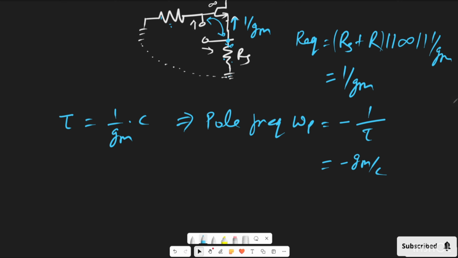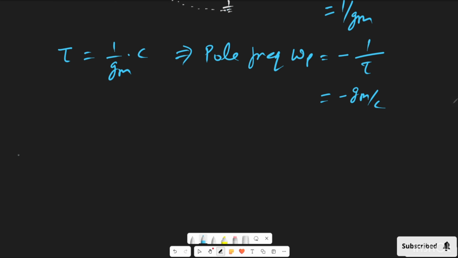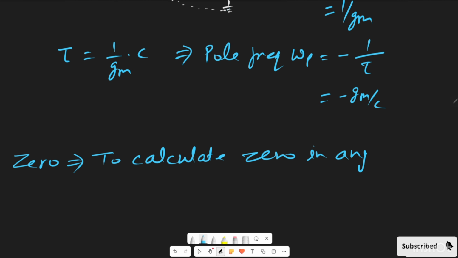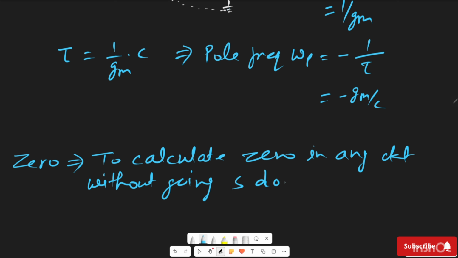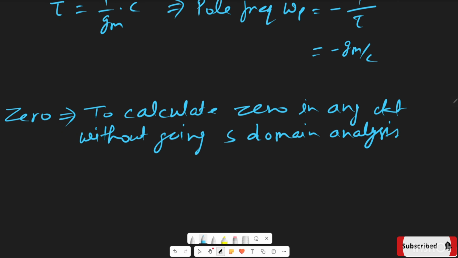Now we have to calculate the zero. To calculate the zero in any circuit intuitively, without going into S domain analysis or differential equations. Why do we go into S domain?